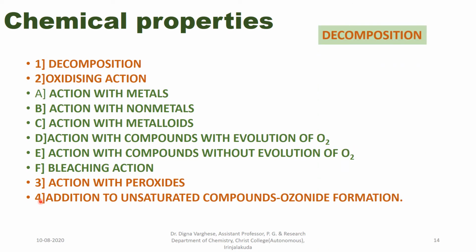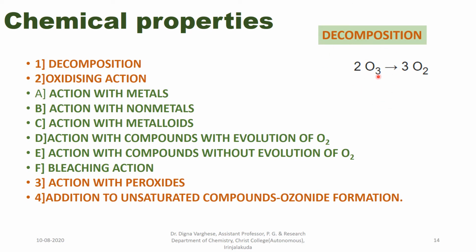First chemical property is its decomposition reaction. Ozone is thermodynamically unstable with respect to oxygen, and it decomposes to oxygen slowly. Although it is a slow process, it is spontaneous, as it results in the liberation of heat, that is, its delta H value is negative, and an increase in entropy, that is, delta S is positive.